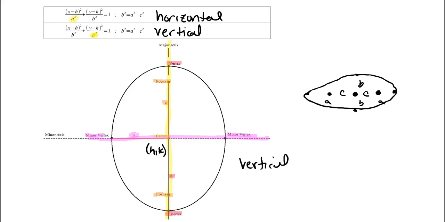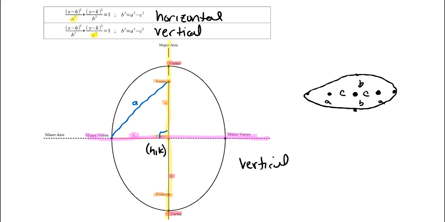One last thing I want to share with you all is that if I connect this focus to the vertex over here, that creates a right triangle. And with a little bit of figuring out, you can figure out that this side has a length of A. We have three sides of a right triangle.